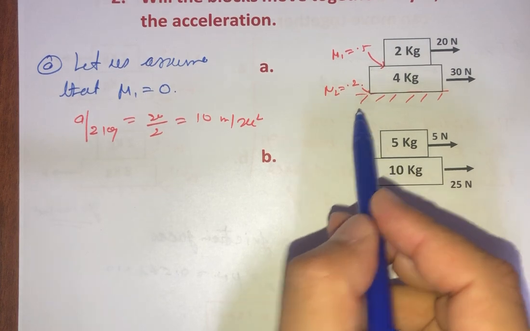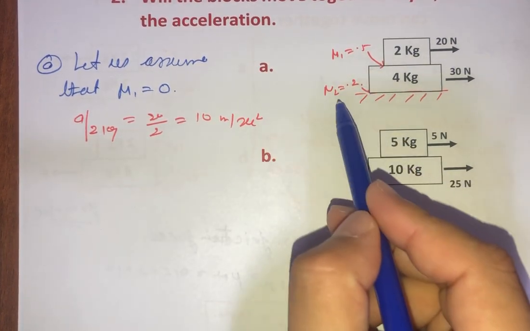For the second case, we have only assumed that mu1 is 0, and mu2 is present.